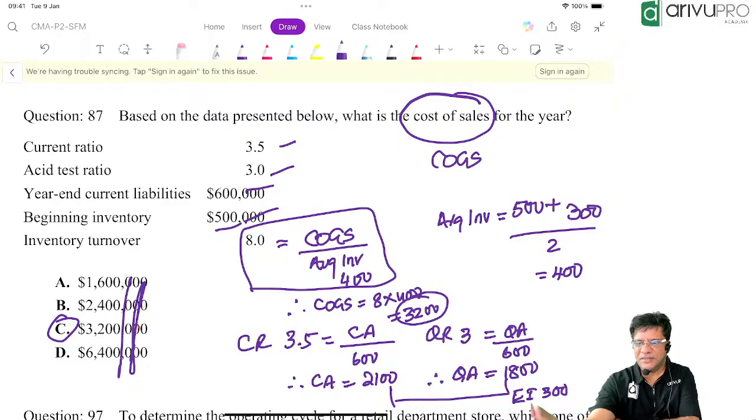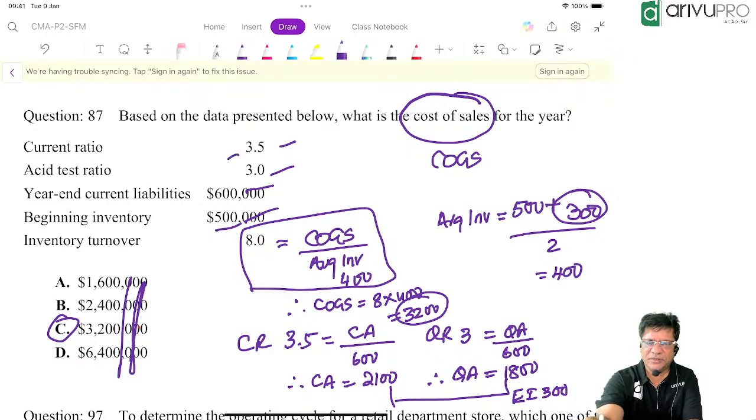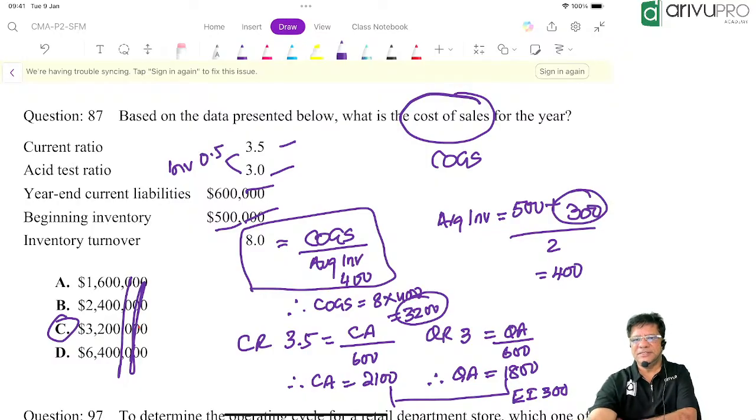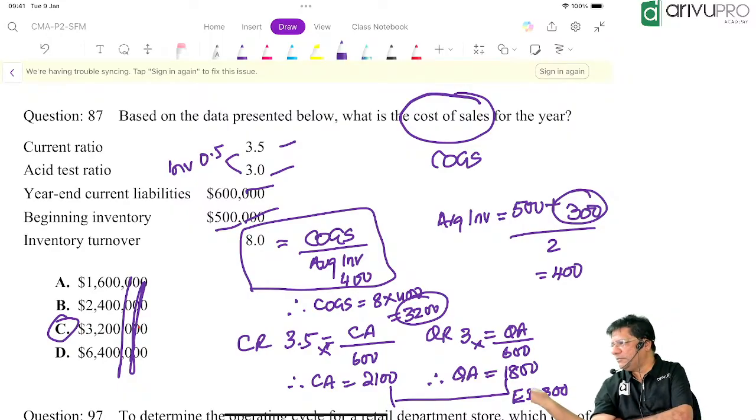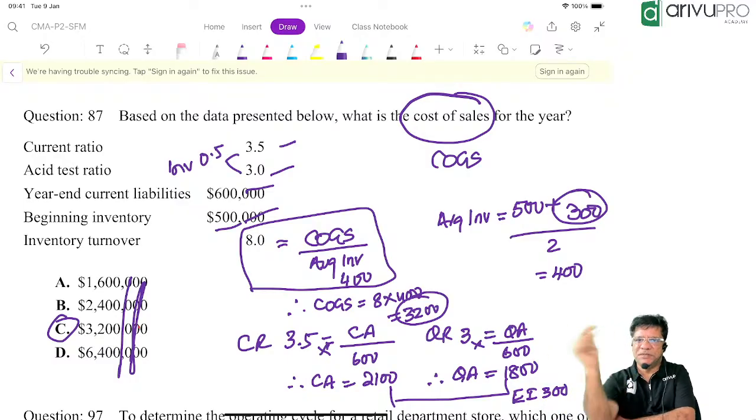This 300, how we can easily get it? Difference between current ratio and quick ratio is what? Inventory, right? Inventory is 0.5. 0.5 into 600, 300. Anyway, we are doing 3.5 into 600, 3 into 600, no? Instead of that, 0.5 into 600, 300. Split seconds issue.